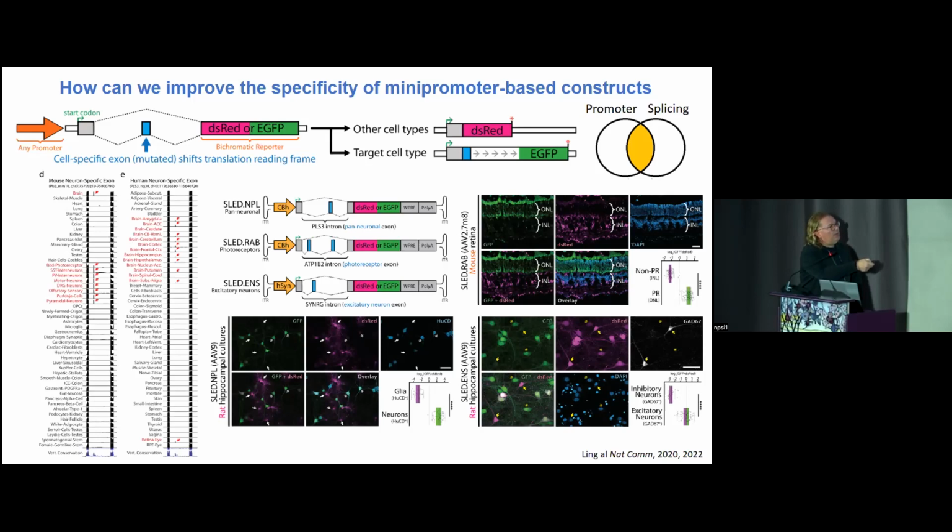This is a photoreceptor specific exon cassette with a ubiquitous promoter infected into the retina, giving very specific expression in photoreceptors. And this is an example of how we can make this Boolean. Here we have an alternative exon that is specific to excitatory neurons and glia. So we can combine this with a pan-neuronal hSyn promoter and end up generating an excitatory neuron-specific construct.